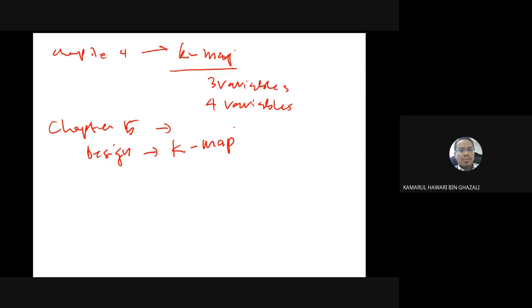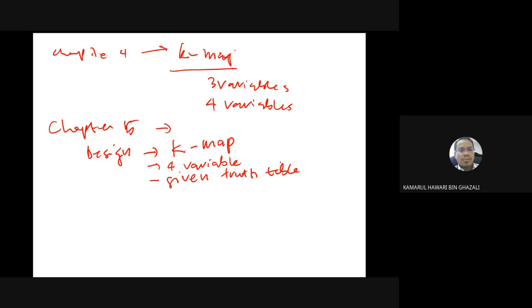K-map, okay, correct. Use K-map. There are 4 variables, given a truth table. If you don't understand the question, don't worry, just go to the truth table because the truth table is given.